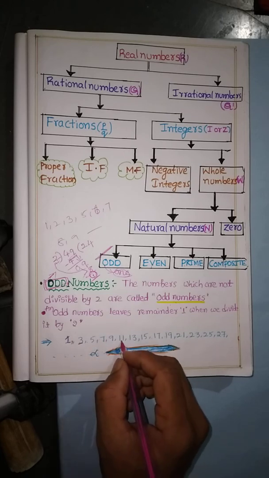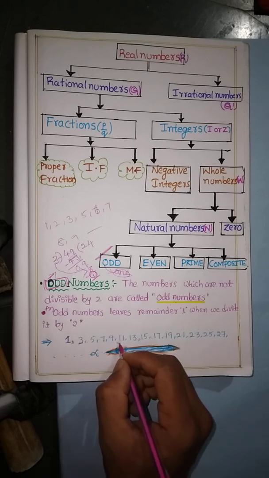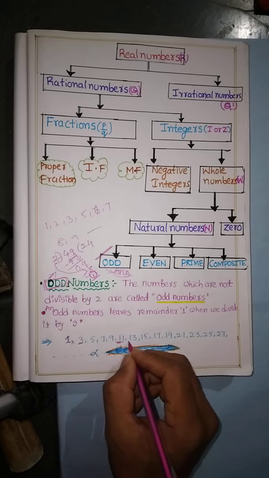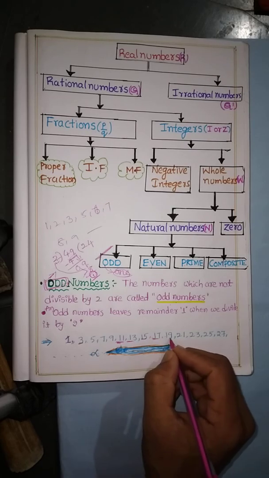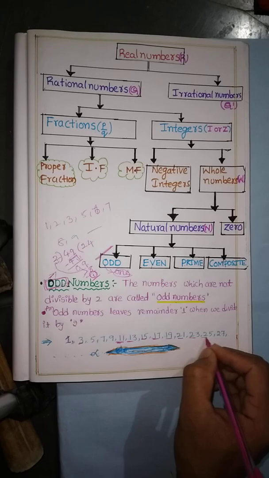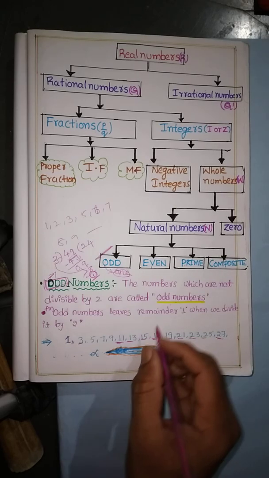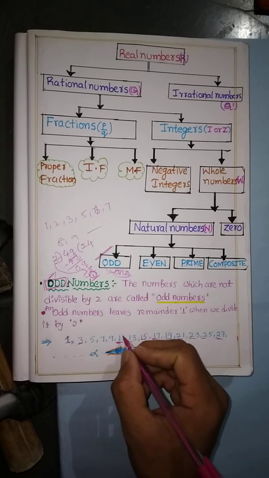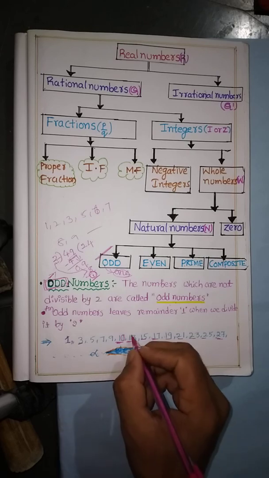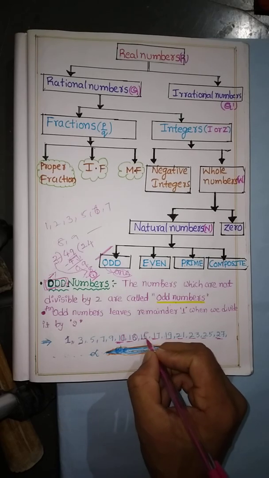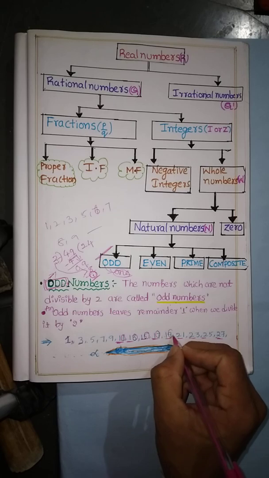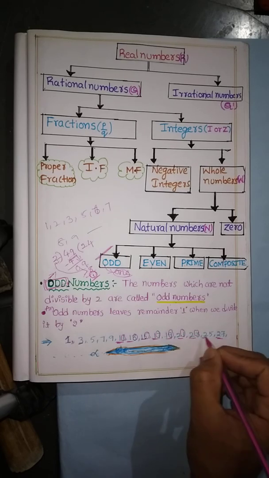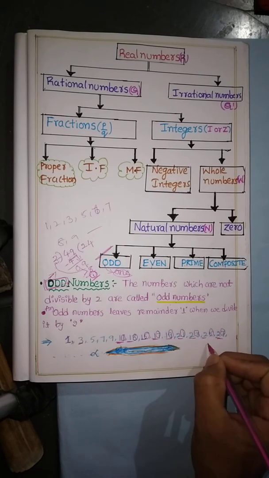Just observe the 2-digit numbers here: 23, 25, 27. Observe what its ones place value is: 1, 3, 5, 7, 9, and again 29.